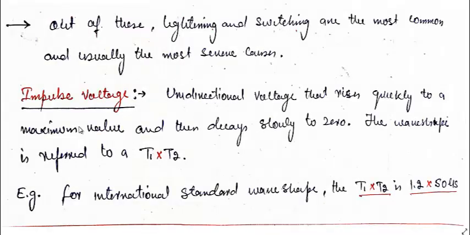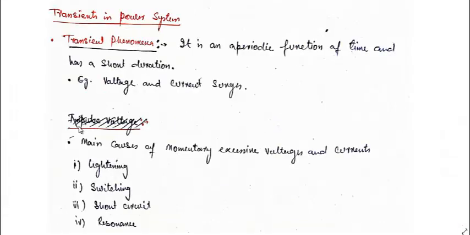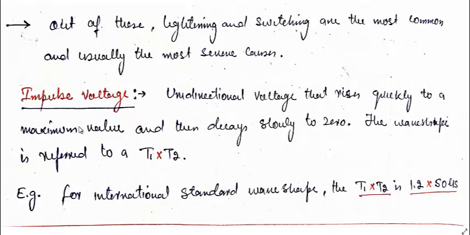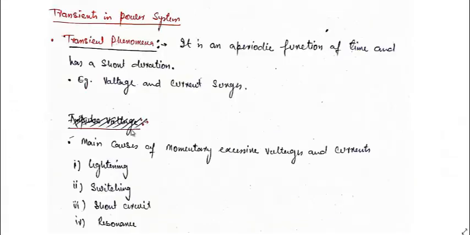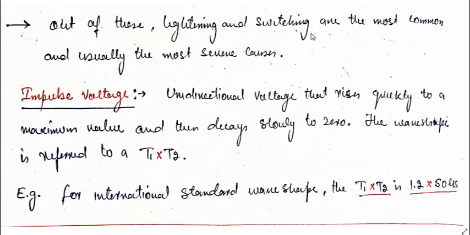Most common are lightning and switching, because switching we do deliberately, on a routine basis. Lightning, we know it will occur one day or another. So the most common among these two will be switching. Resonance is a rare case, and short circuits also take place, but not as much as switching and lightning. And they are usually the most severe cases as well.